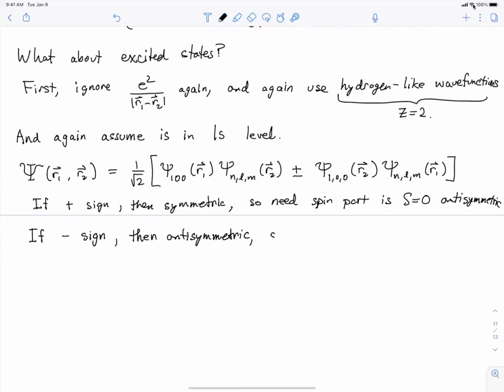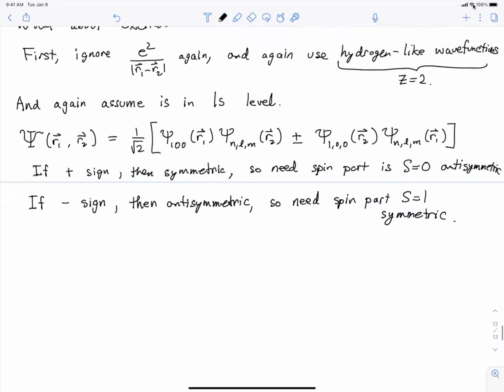And so then I would need my spin part to be symmetric, which means spin 1. So that's symmetric. Symmetric and anti-symmetric always mean with respect to interchange of the labels.